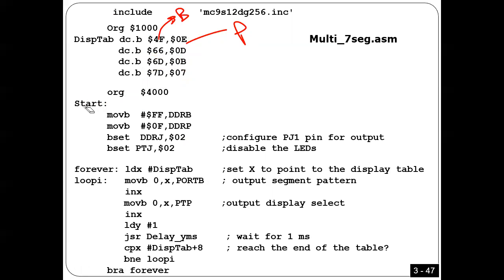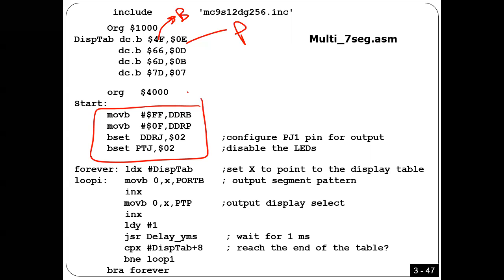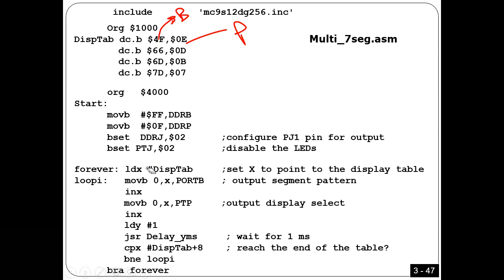I'm gonna explain now. This part is just very easy. Okay, this is the configuration we do all the time. So this is the loop I told you about. In the very beginning, X is pointing here. Okay, guys. In the very beginning, X is here, and this is the loop.